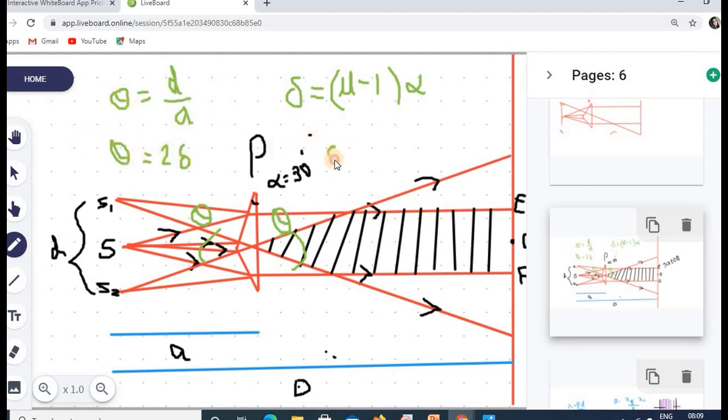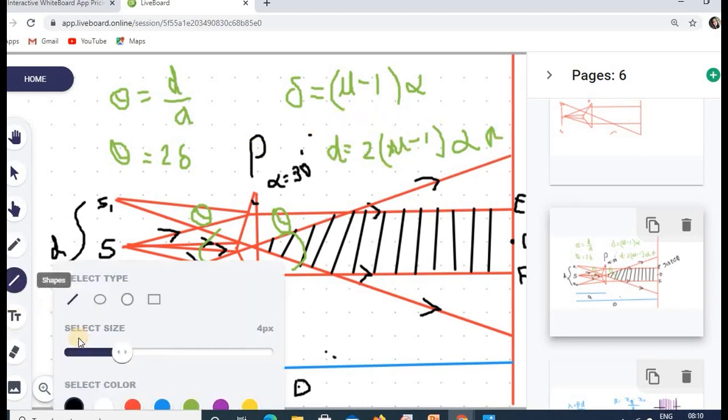So d is equal to theta into A, and theta is equal to 2 delta, so it is 2 delta into A. And what is delta? Delta is mu minus 1 into alpha. So d is equal to 2 into mu minus 1 into alpha into A. Okay.